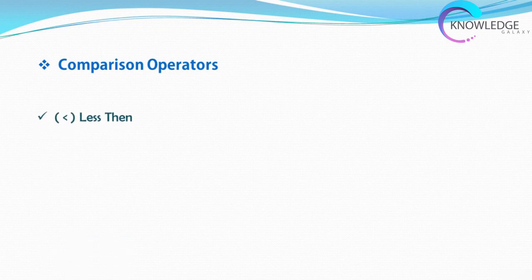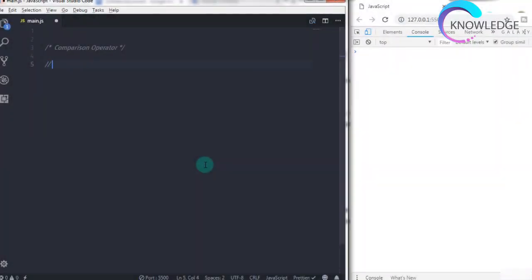First, the less than operator. The less than operator evaluates to true if its first operand is less than its second operand. Otherwise, it evaluates to false. The less than operator evaluates values left to right. For example, if I declare two variables here, let x is equal to 5, comma y is equal to 10, then I will print these values on the console.